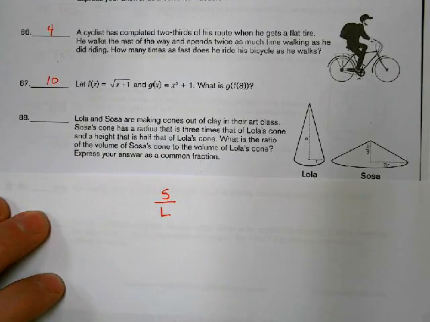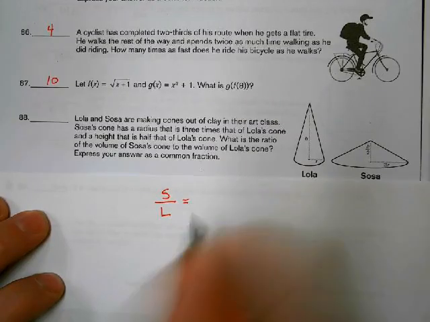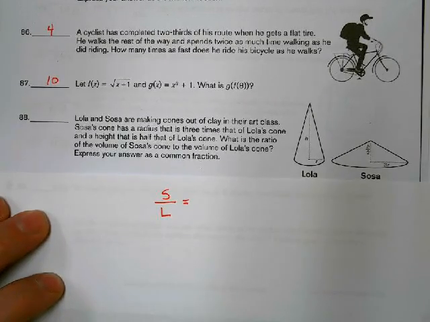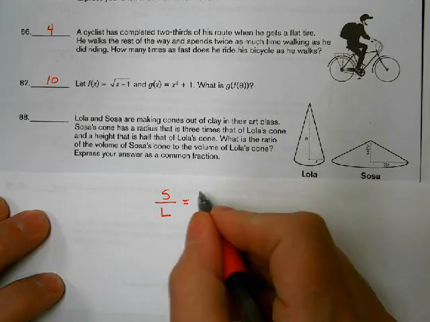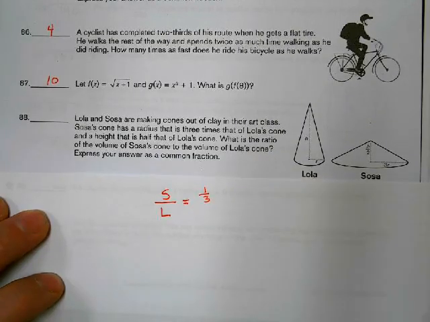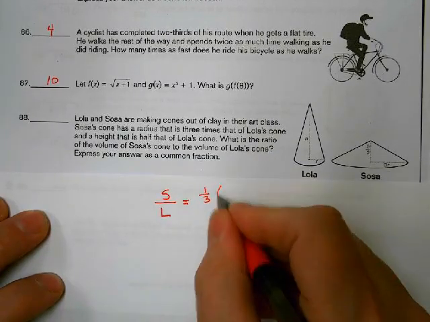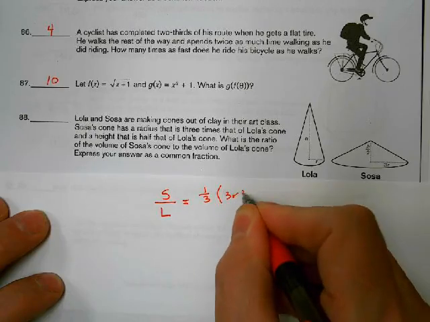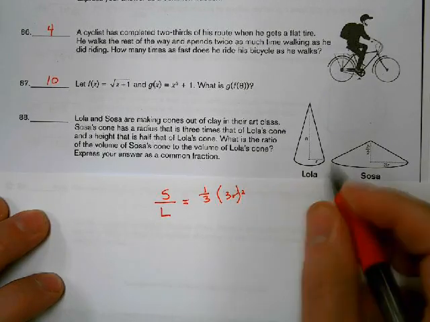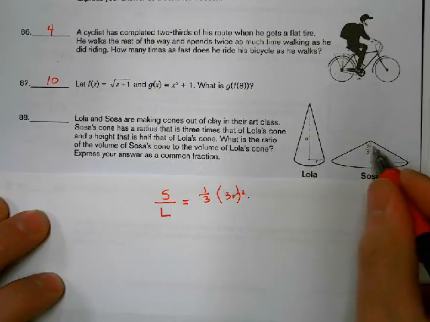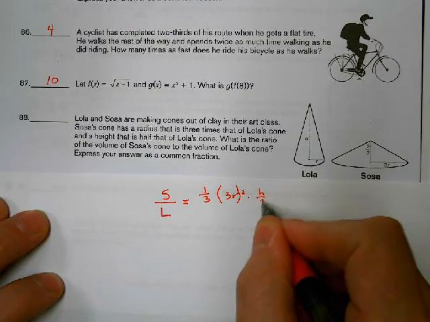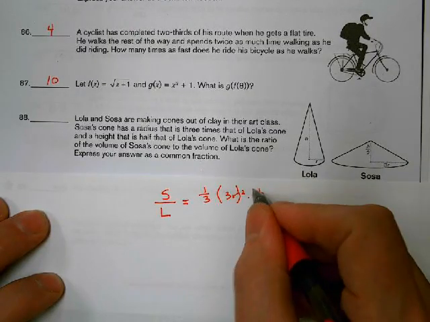So, Sosa, since it's a cone, it's going to be 1/3 the radius squared times the height. 1/3 the radius, which is 3r, times the height, which is h over 2, or we can call this just 1/2 h. That's probably better.